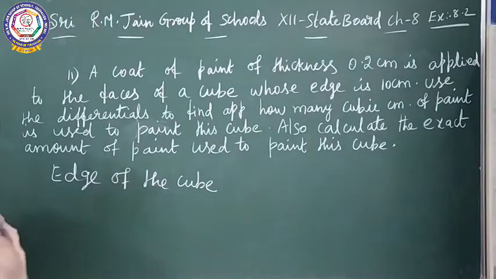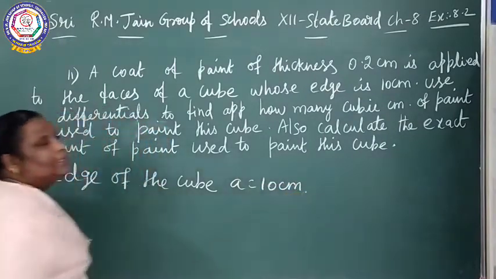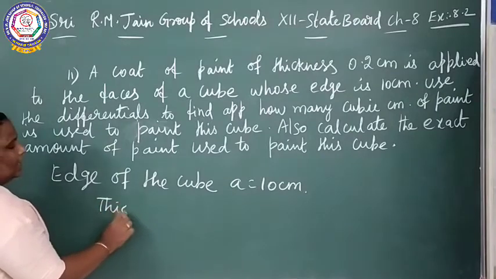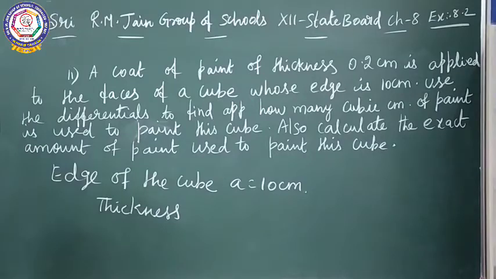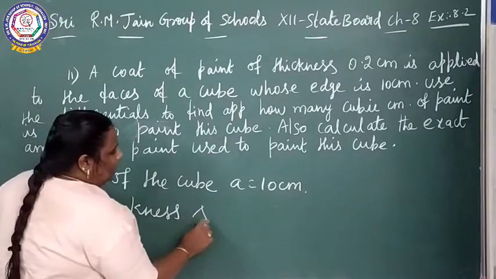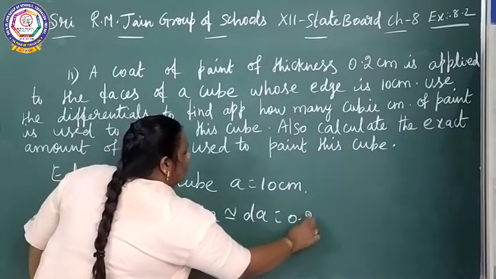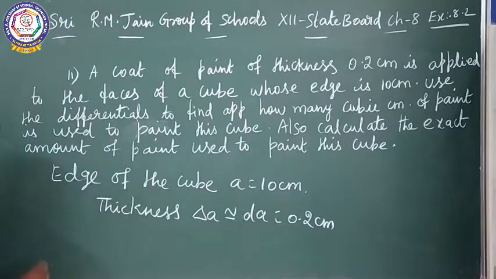Edge of the cube, A equal to 10 centimeter. Thickness delta A is approximately dA equal to 0.2 centimeter.